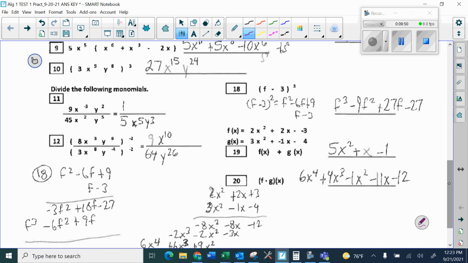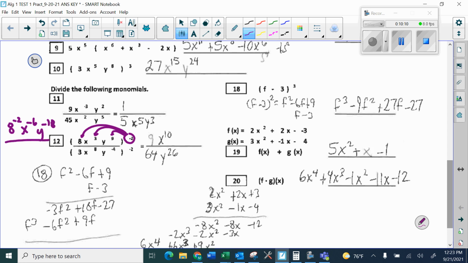Another way is I could just distribute the negative 2 through each of these right now. So if I did it that way, I'd have 8 to the negative 2. 3 times negative 2 is negative 6 for the x, and y to the negative 18.